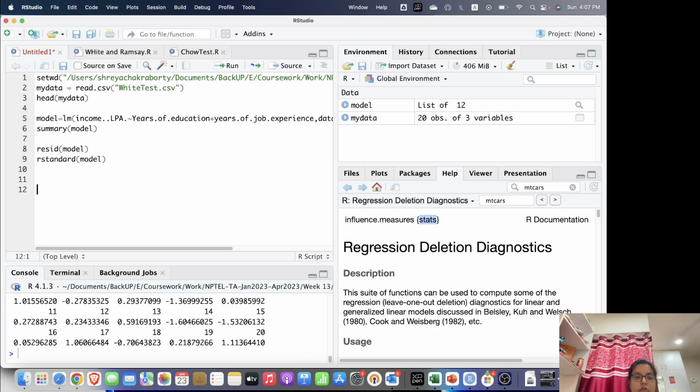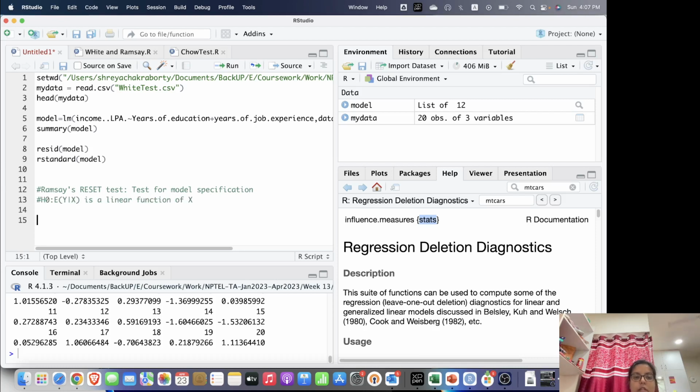Okay, now coming to Ramsey's reset test. This is a test for model specification, where my H naught is that the regression line, the expectation of y given x, is a linear function of x.